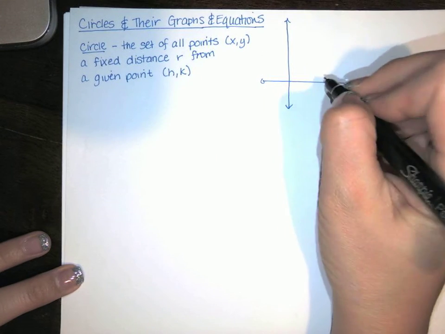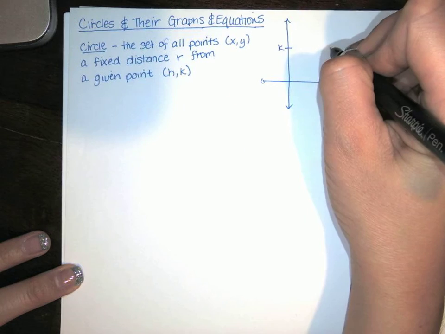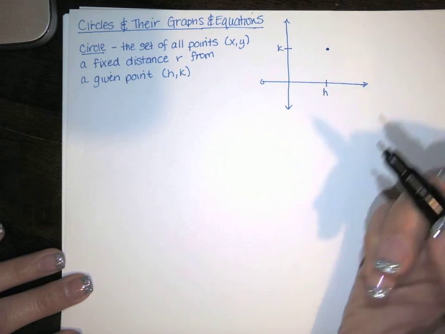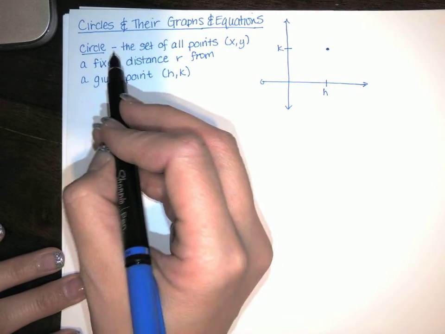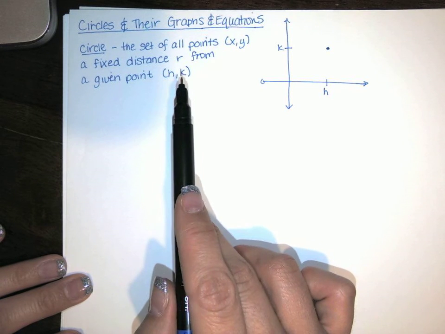So let's say this is our h and that's our k. Well, the center would be right there. We'll plot that. And this circle is defined to be the set of all points that are the same distance r from (h, k).